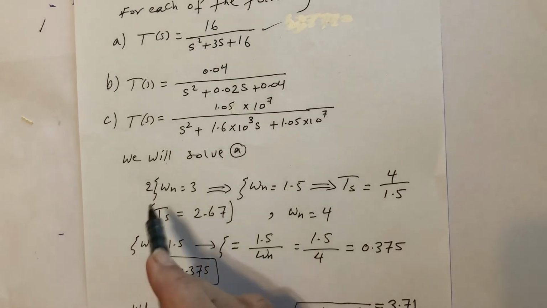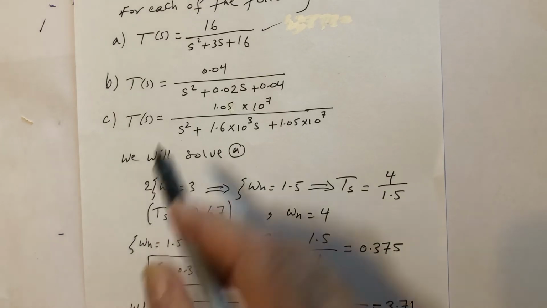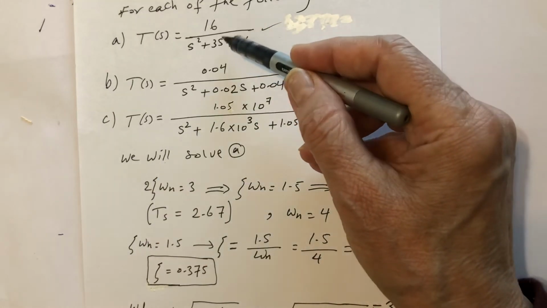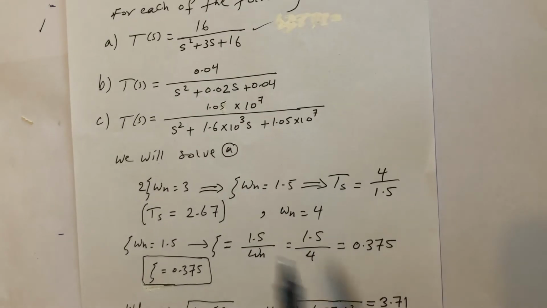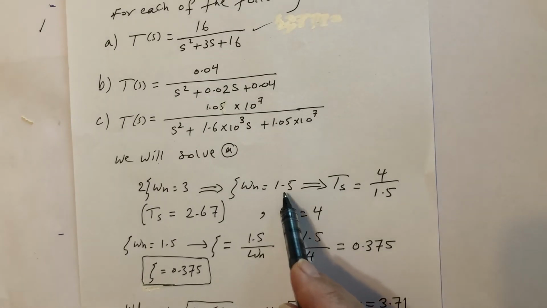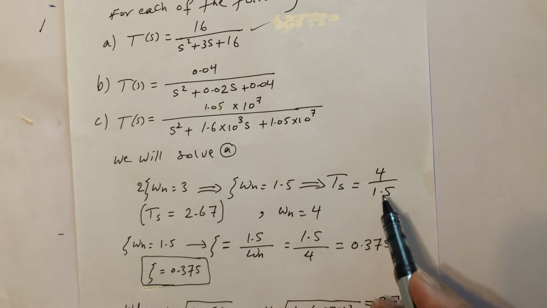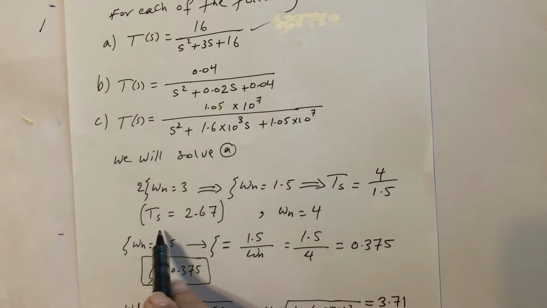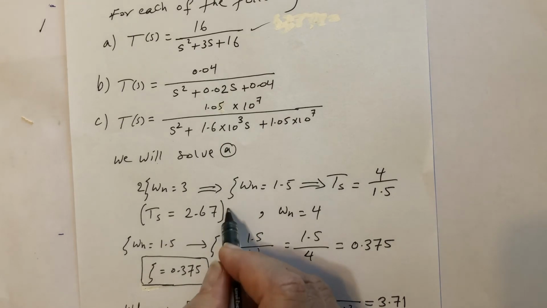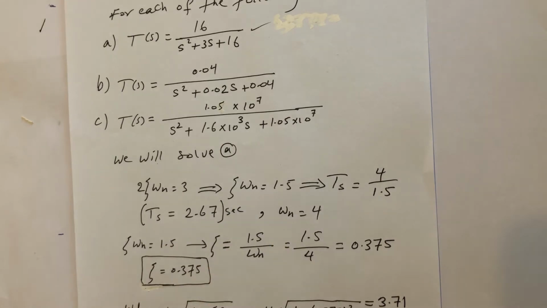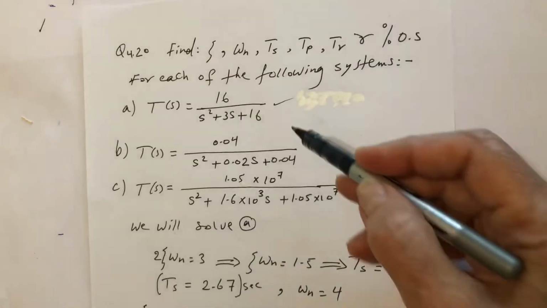So let's say 2 zeta omega n equals 3 from this one. Okay, and so zeta omega n equals 1.5. Then we have settling time equal to 4 divided by zeta omega n, which is 1.5. So Ts equals 2.67, of course in seconds. Now omega n squared, you remember, is 16.